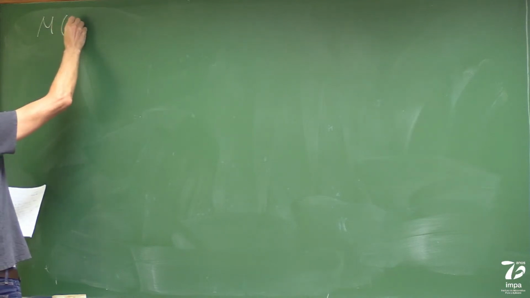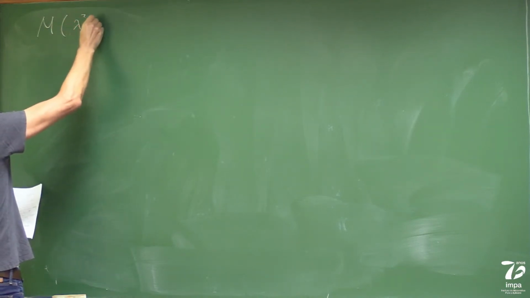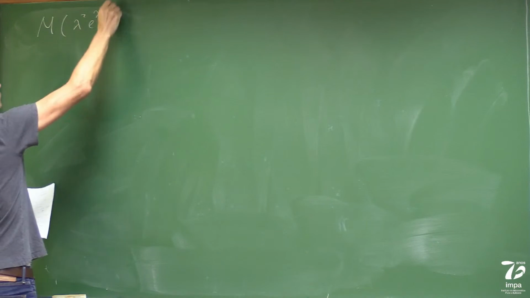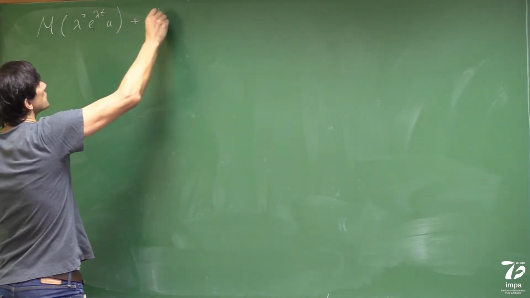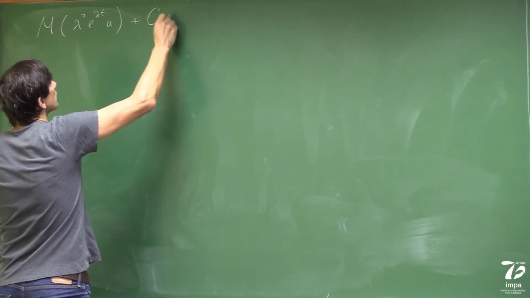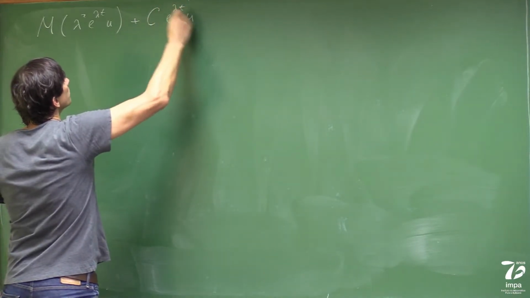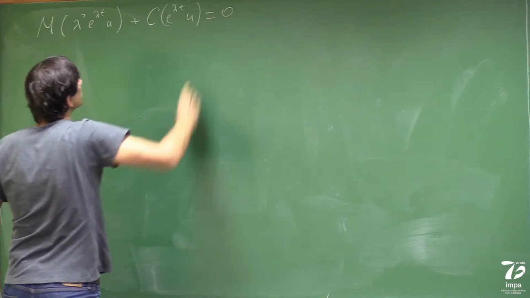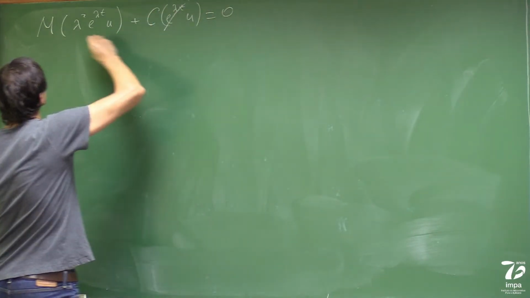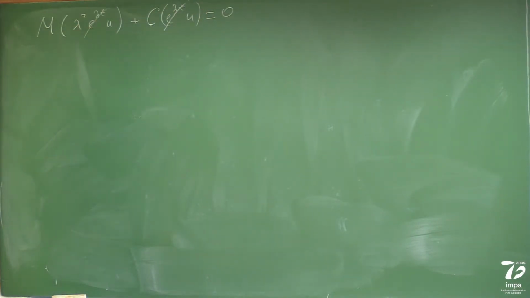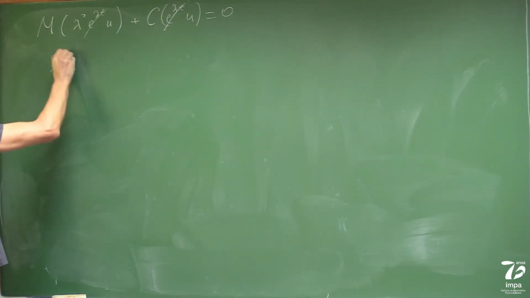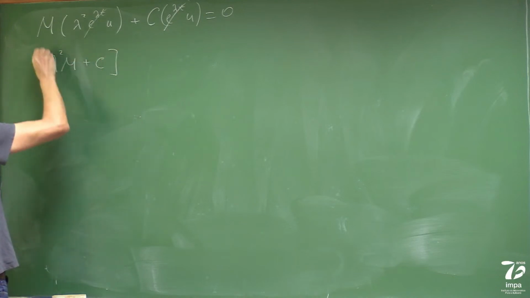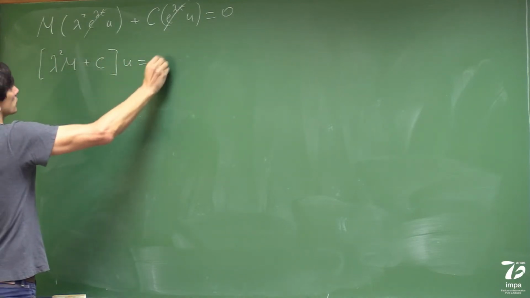Second derivative will give you lambda squared e^(lambda t) u, right? Then plus C e^(lambda t) u equals 0. Well, exponent is non-zero, so we can cancel it. And the rest I will write as (lambda squared M plus C) u equals 0.